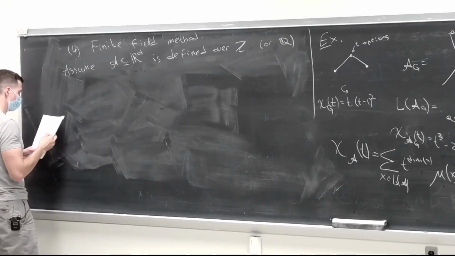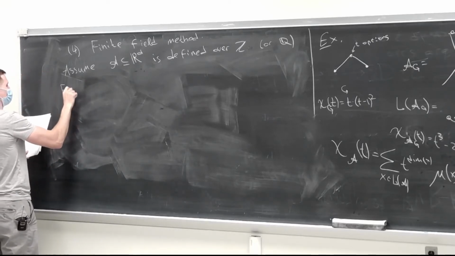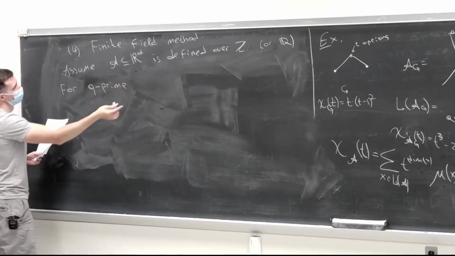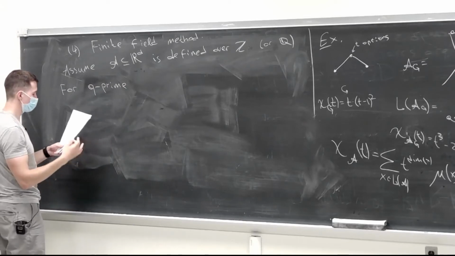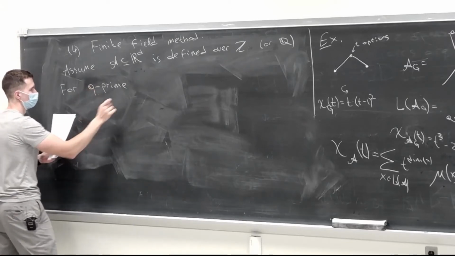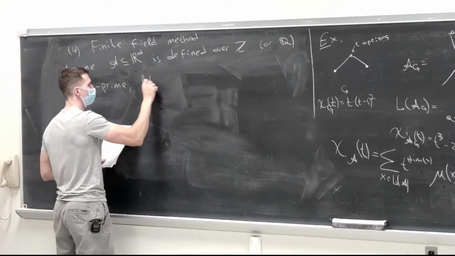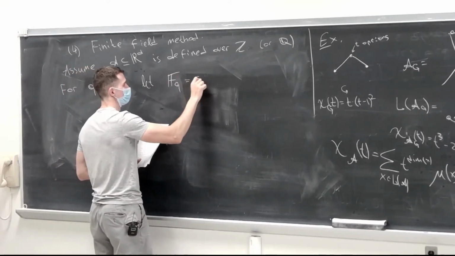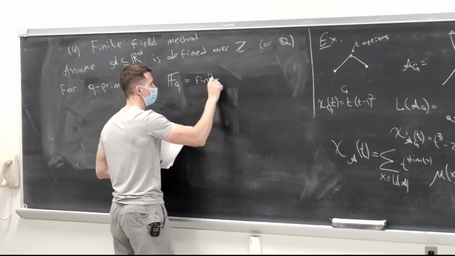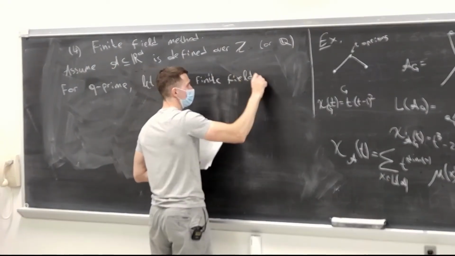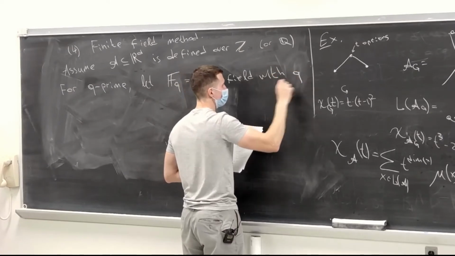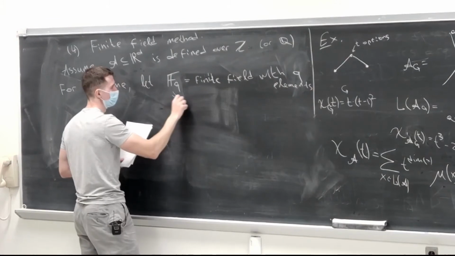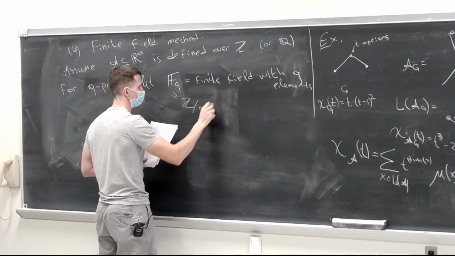So then you choose a prime, let's say Q is a prime. You can do prime powers, it works for prime powers, but the statements are going to be slightly different. So let's say you choose a prime Q, and then you let F_Q be the finite field with Q elements, which we can just take as Z mod QZ.